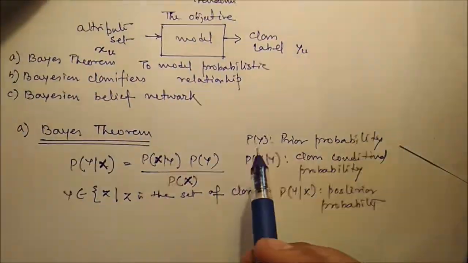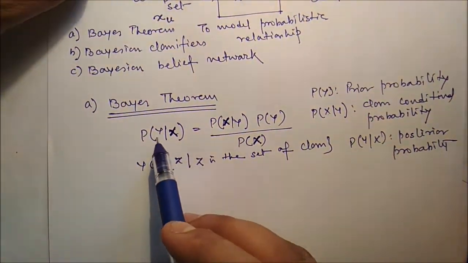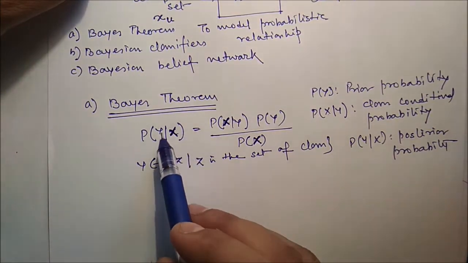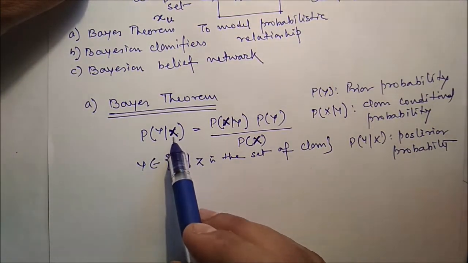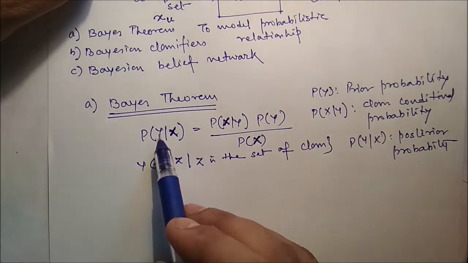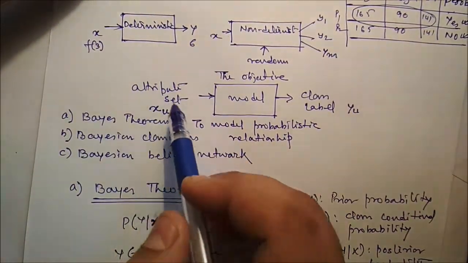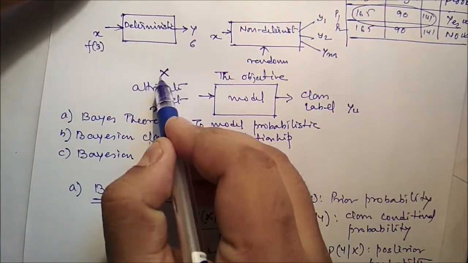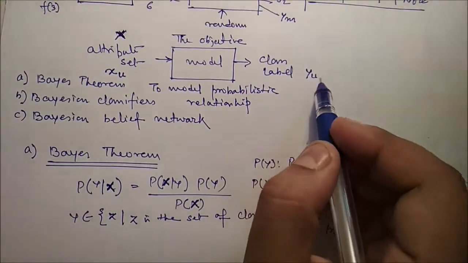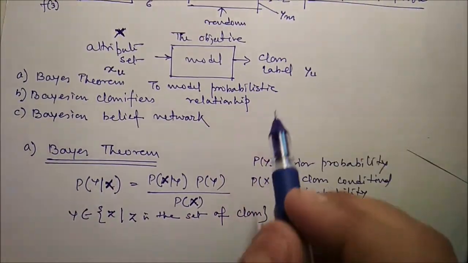Now from this information we can identify, if the attribute set is this, what will be the class level. So x is the attribute set, and we assume it is an attribute vector, and y is the class level. If a set of attributes is passed, then we can identify the class level y.